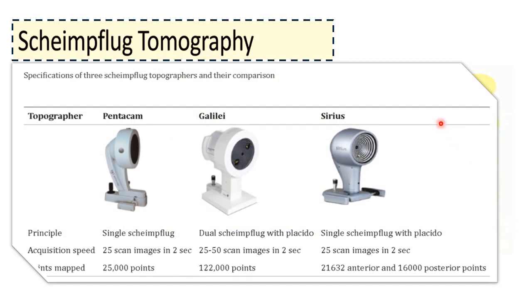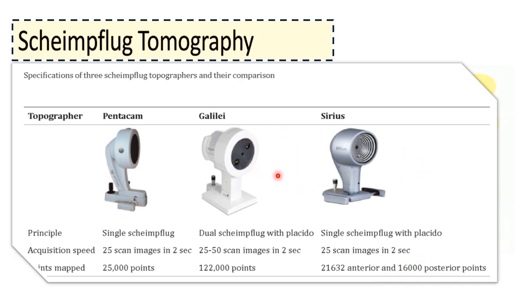For example, the Cirrus system is a combination of both the Scheimpflug camera along with the Placido disc, and it can provide up to 21,632 points examination, because it's combining both the Scheimpflug and the Placido disc.